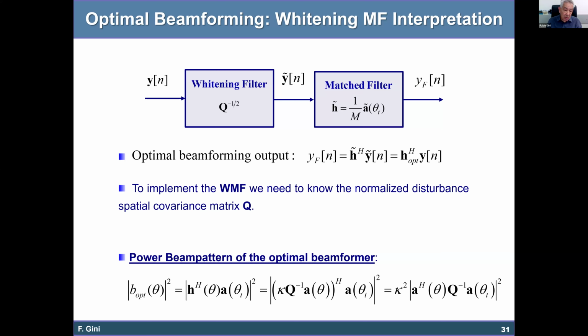In this way, we achieve a larger array gain. So we achieve the optimal, the best possible output signal-to-noise ratio. We can compare the optimal beamformer with the classical beamformer, also comparing the beam pattern.